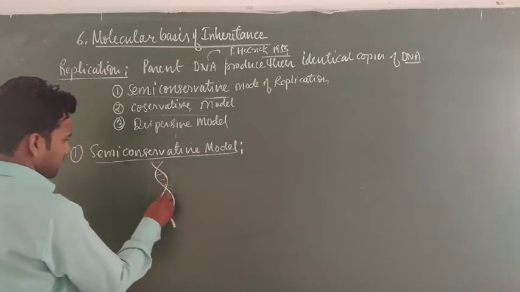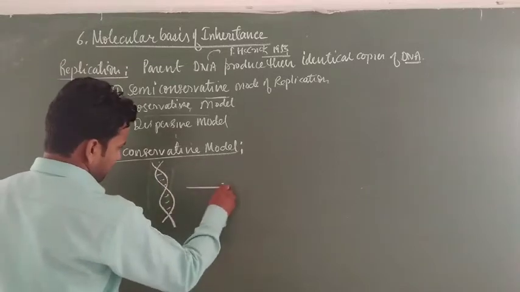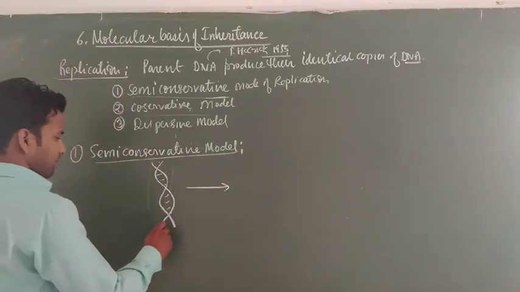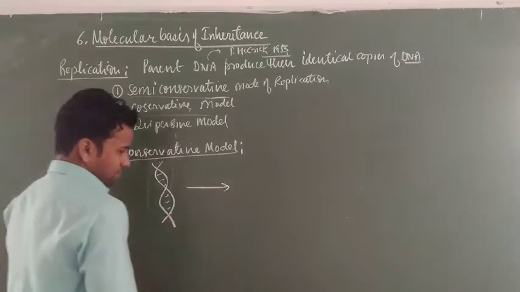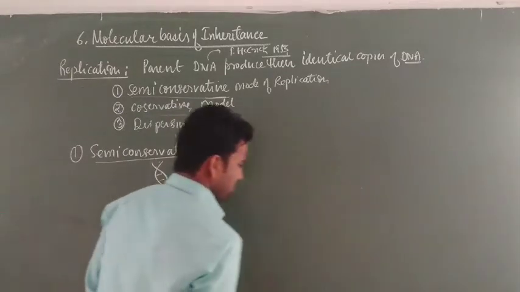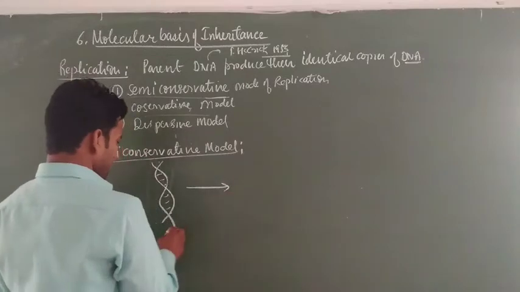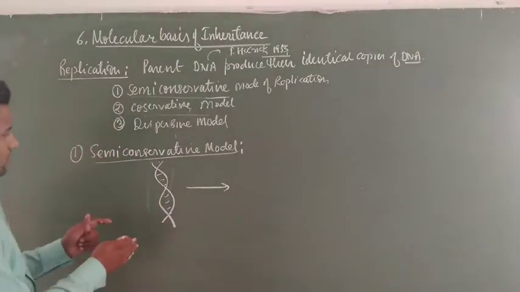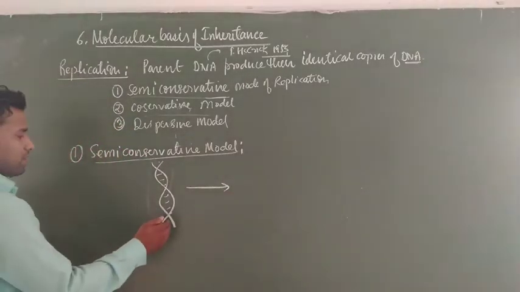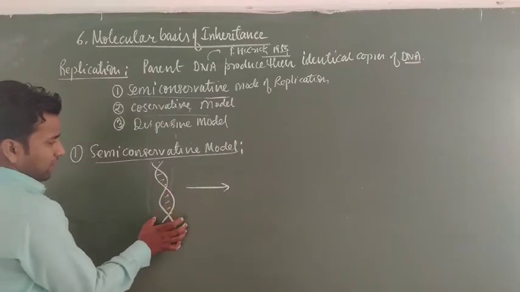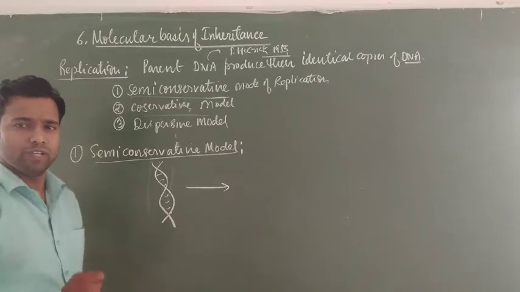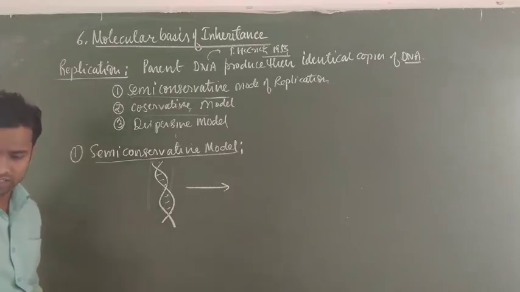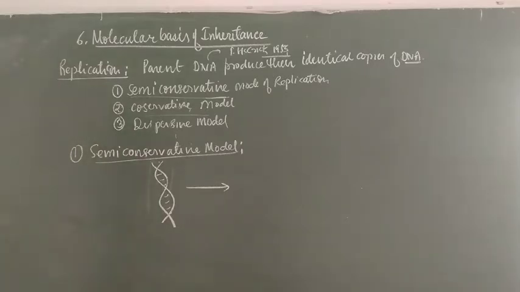This is a DNA structure. In the semi-conservative model, the DNA strand gets uncoiled and both uncoiled strands synthesize their own strand.